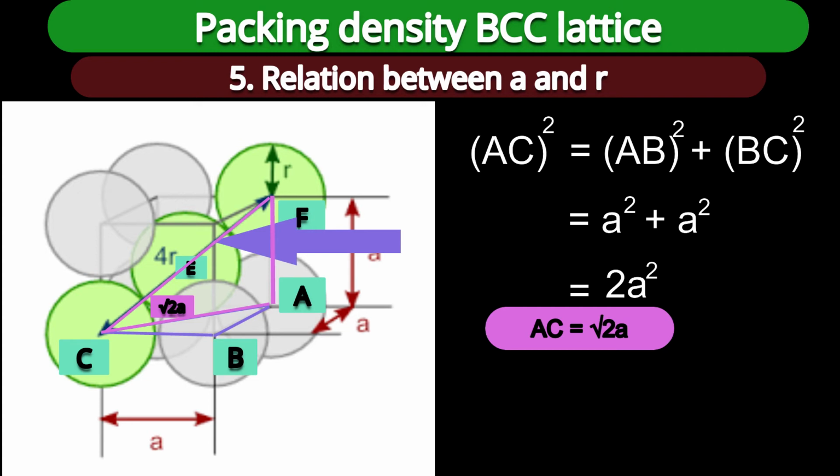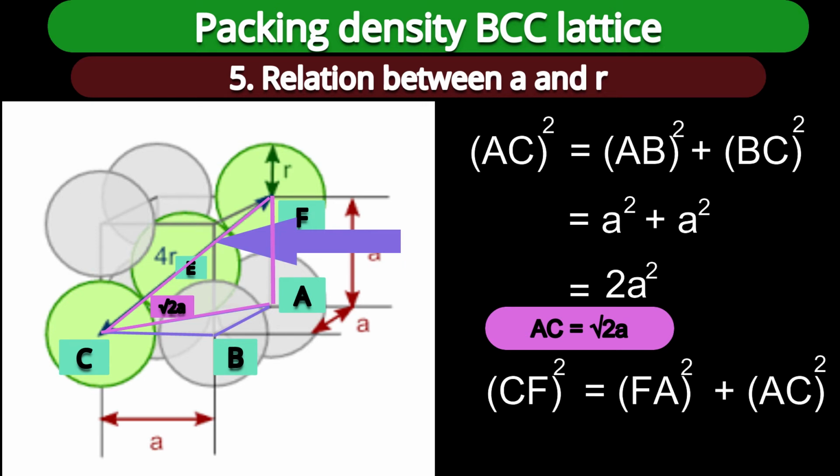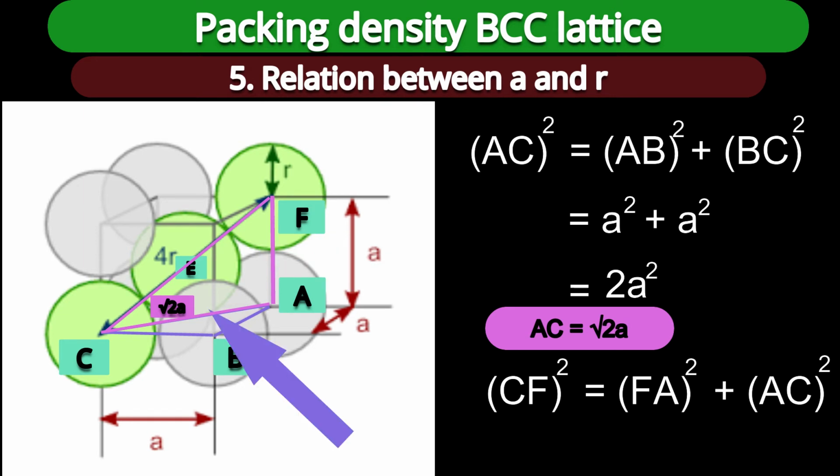So FC is the hypotenuse. FA and AC are the sides of the right angle triangle. Again apply Pythagoras theorem. Hypotenuse square, meaning CF square, is equal to one of the sides FA square plus the other side AC, that's the face diagonal, AC square.